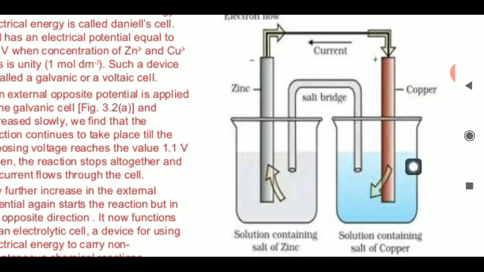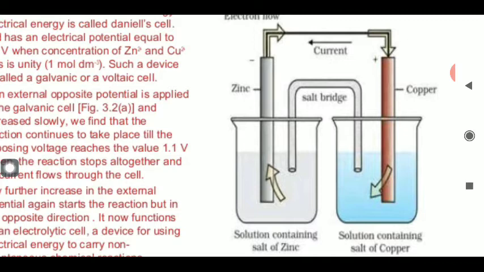On the other side, the electrons start migrating from this side to this side. Whenever the abundant electrons start migrating, the copper sulfate starts dissociating to form the copper ion as well as the sulfate ion.